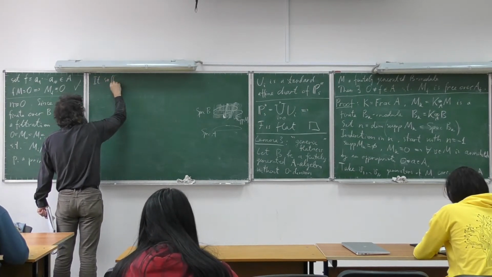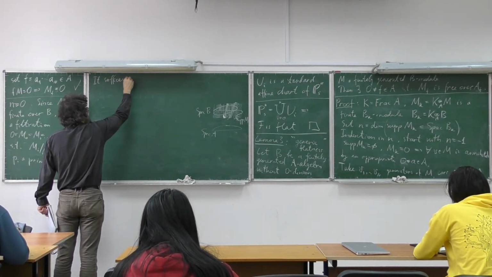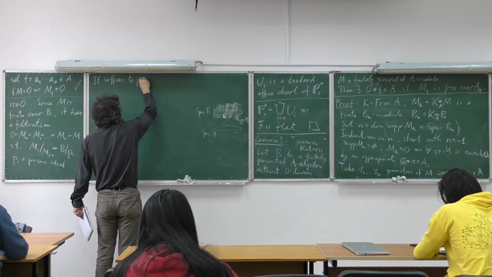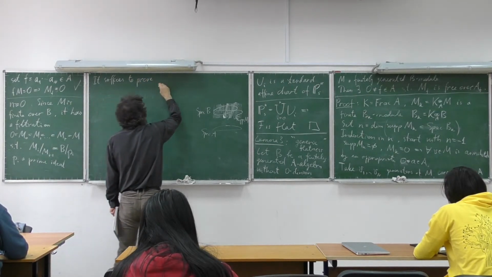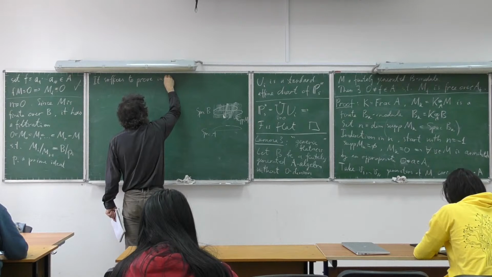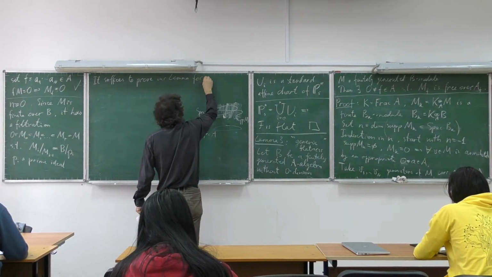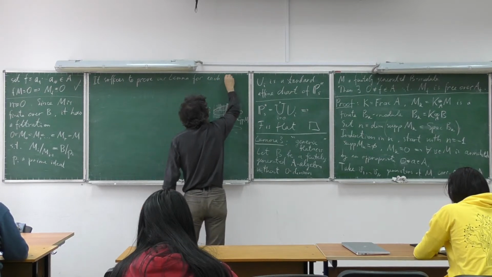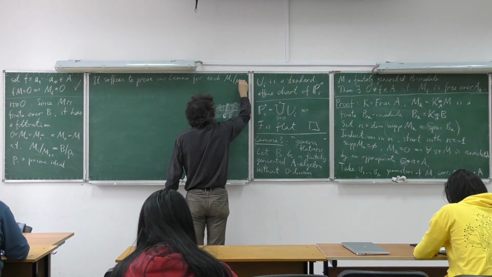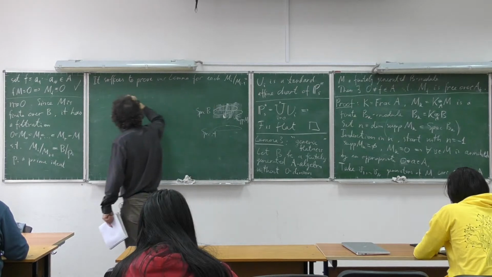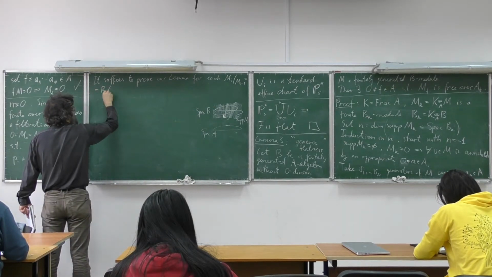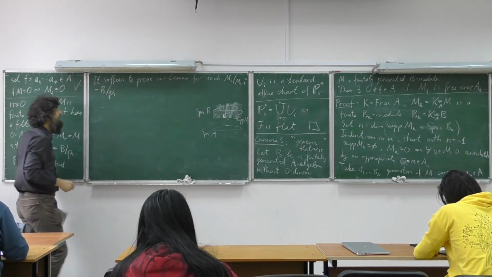to prove our lemma for each Mi over Mi minus 1, that is isomorphic to B over some prime ideal.